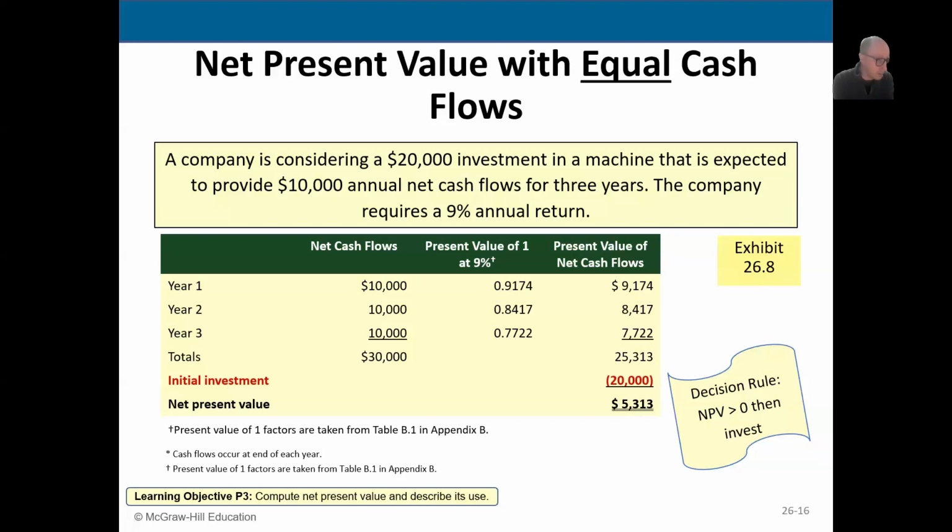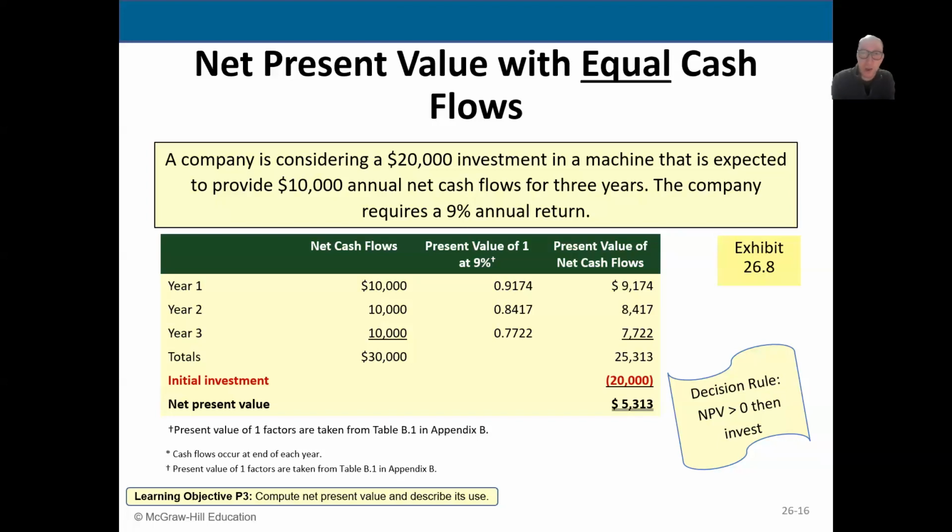Now, typically, we'll just take out a financial calculator and punch in the following pieces of information: $20,000 investment, $10,000 cash flow, 9% return, 3 years time.